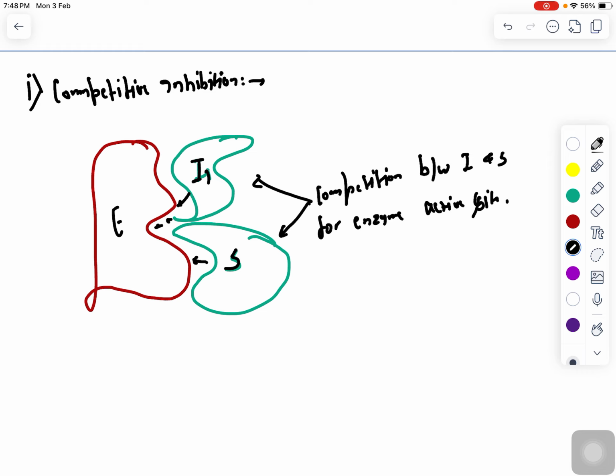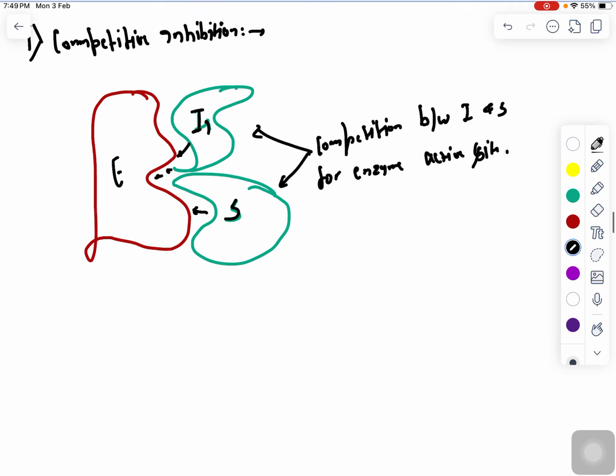The inhibitor has a similar shape to the substrate and binds reversibly, preventing the actual substrate from binding. Due to this similar shape, it reduces the active site available for enzyme substrate complex formation.